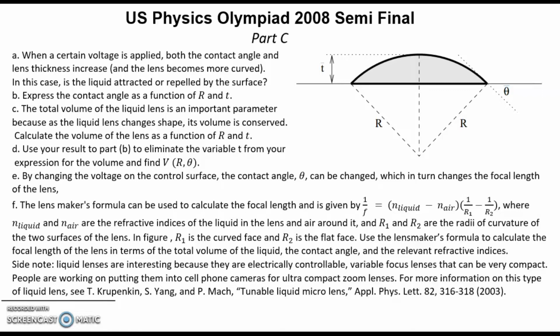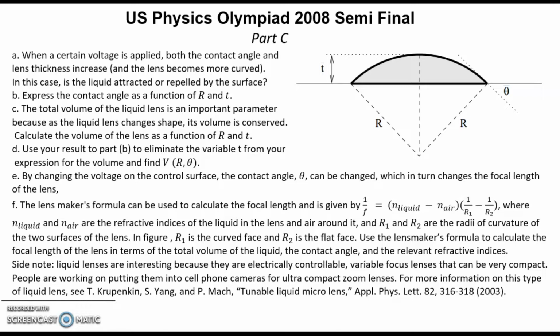Calculate the volume of the lens as a function of the radius and the thickness T. D. Use your result to part B to eliminate the variable T from your expression for the volume and find the volume as a function of radius and theta. E. By changing the voltage on the control surface, the contact angle theta can be changed, which in turn changes the focal length of the lens.